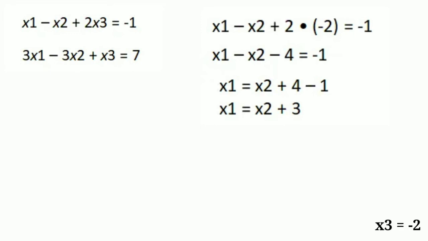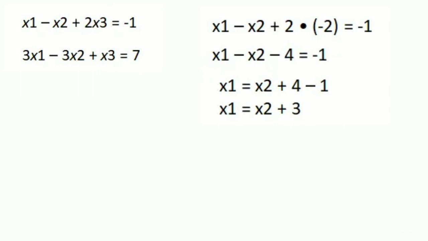So we have x1 minus x2 minus 4 equals -1. To look for x1, we can finalize this as x1 equals x2 plus 4 minus 1, and then x1 equals x2 plus 3.